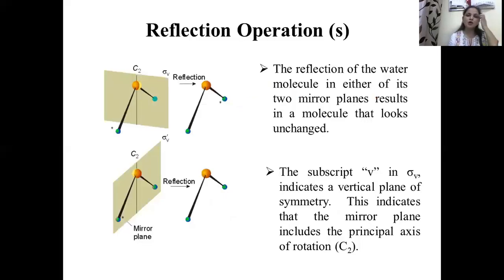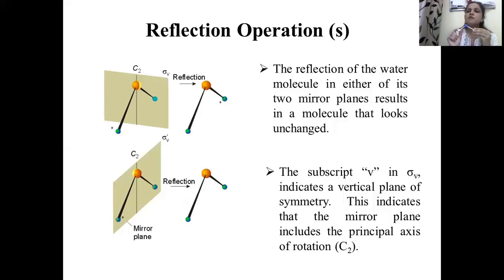Now we will talk about another symmetry operation, which is called the reflection operation. In this case, again we will take the example of the water molecule, where this is the oxygen atom and these two are the hydrogen atoms.